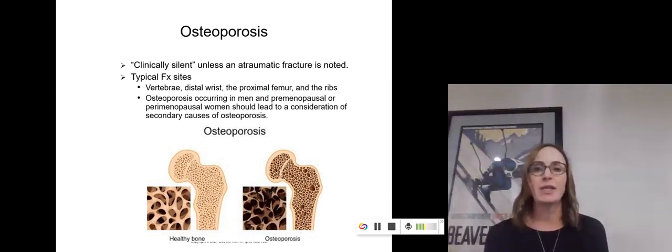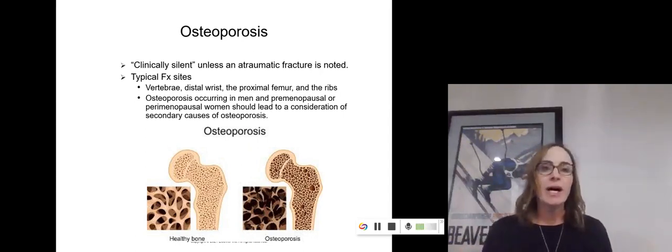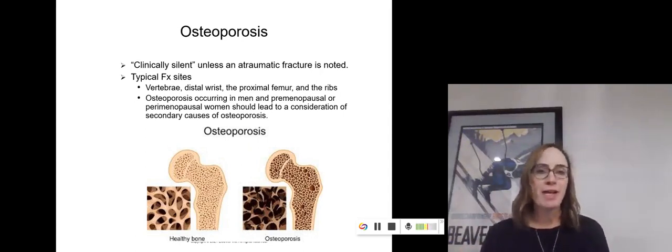Many times it's discovered on other imaging, where you did some sort of an x-ray and they will say, we see osteoporotic bone. Typical fracture sites are the vertebra, the distal wrist, the proximal femur, and the ribs.